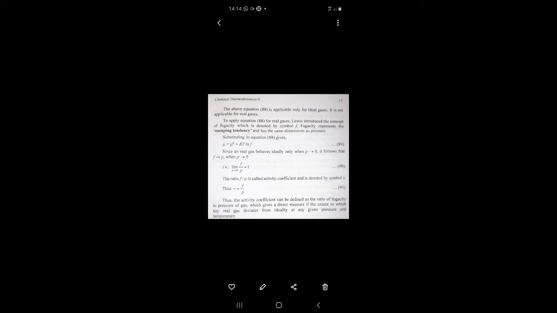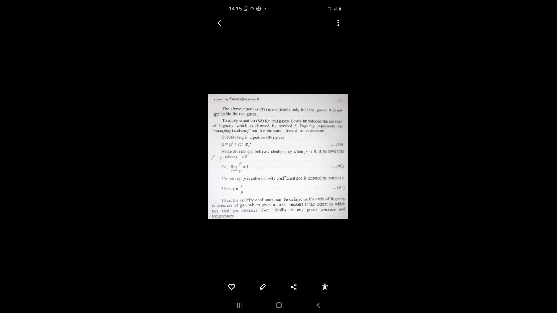It is the ratio of fugacity with respect to pressure, and that can be shown as gamma equals f upon P. Thus the activity coefficient is the ratio of fugacity to pressure of the gas, which gives a direct measure of the extent to which any real gas deviates from ideal.